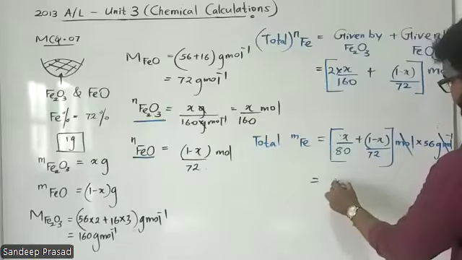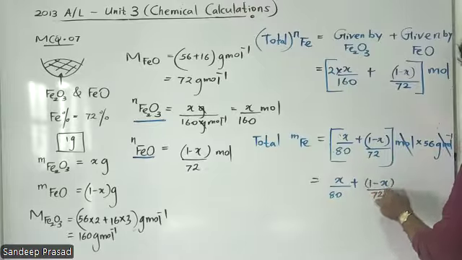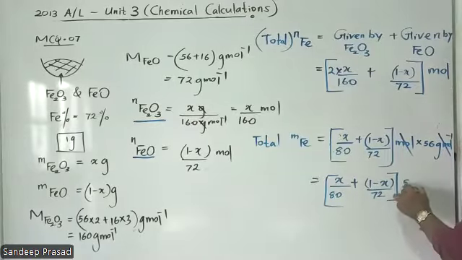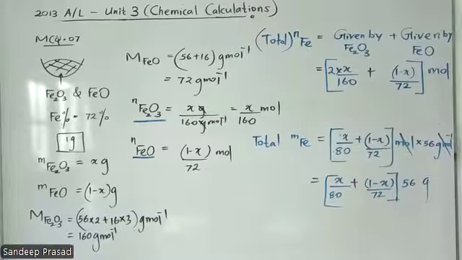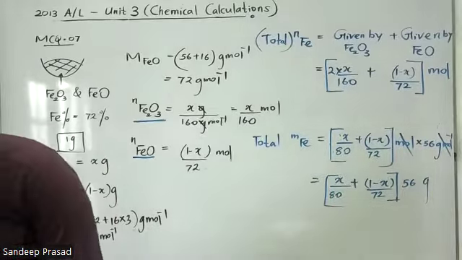Then the mass is x over 80 plus 1 minus x over 72, into 56 grams, is the total mass. First of all, come up to here. Do the calculations correctly.